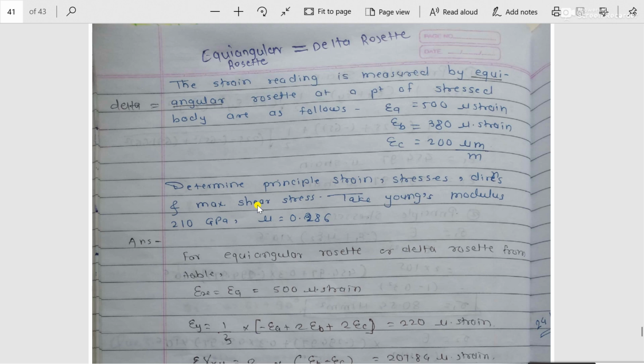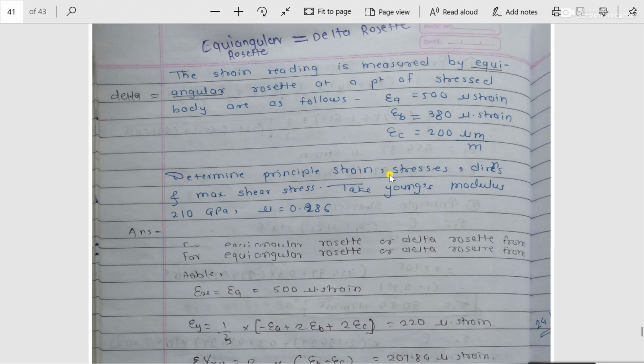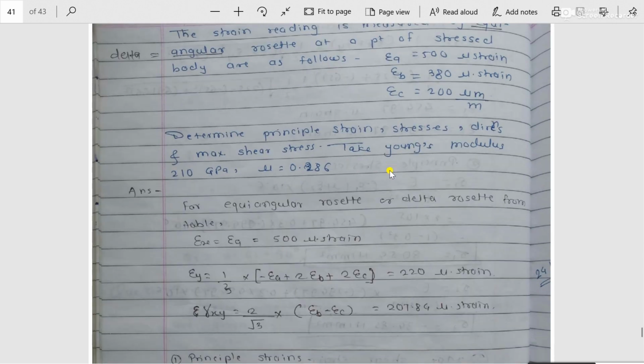have to calculate the values of epsilon x, epsilon y and gamma xy. But the values of epsilon x, epsilon y and gamma xy are not given in the statement of the problem. But to calculate these three values, the values of epsilon A, epsilon B and epsilon C are given. So once again I have to take the reference of that particular table which is given in the formulas.